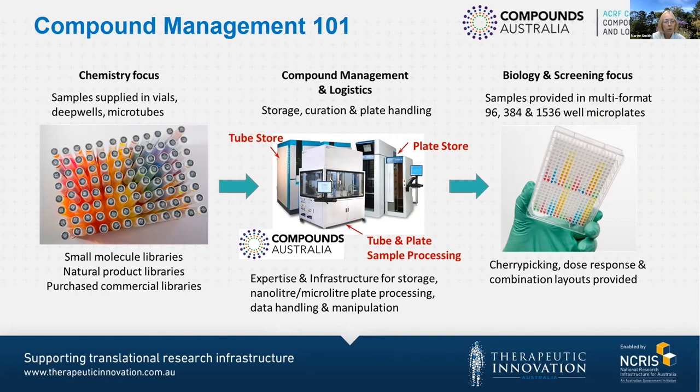Compounds Australia has state-of-the-art facilities for storage and curation of samples, as well as for plating samples to satisfy researcher requests in one of multiple formats for high throughput screening. And so these microwell plates will then be dispatched to the high throughput screening facility of the researcher's choice.